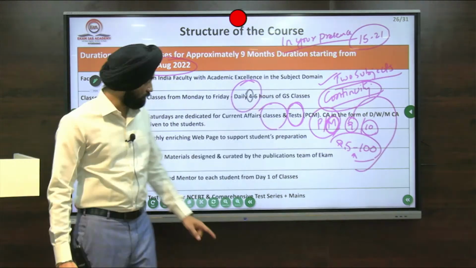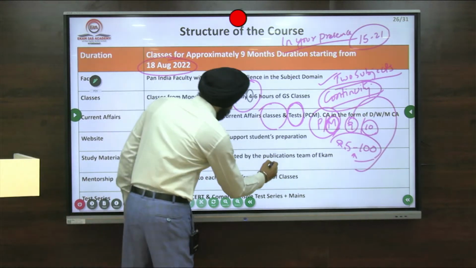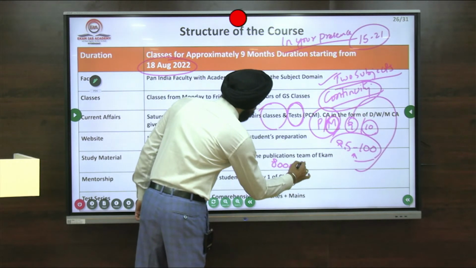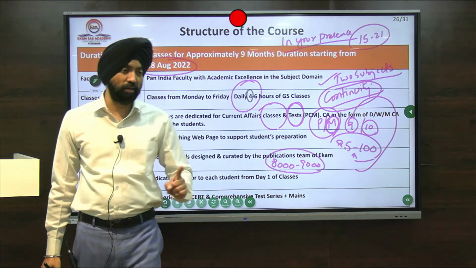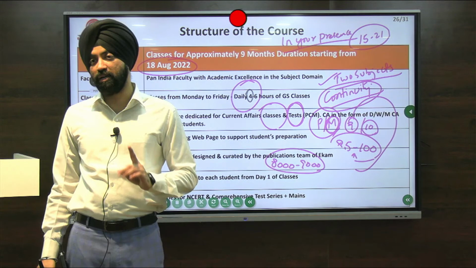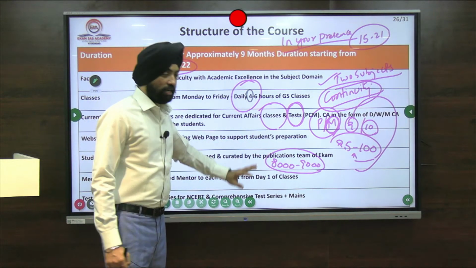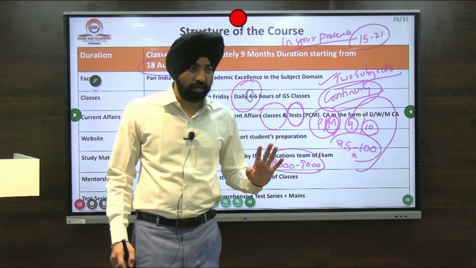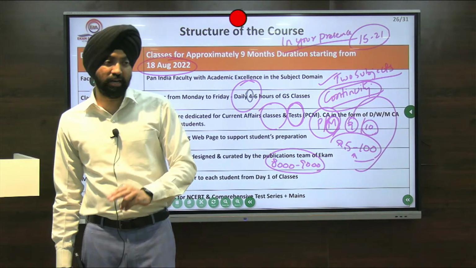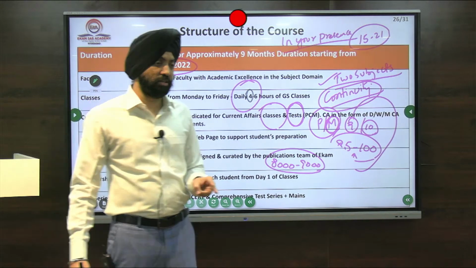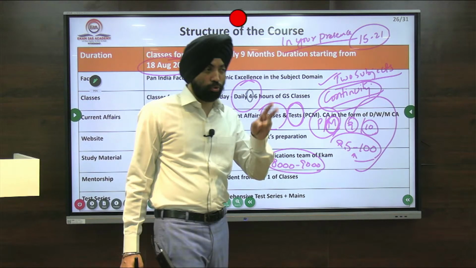And as regards the study material, approximately 8,000 to 9,000 pages of highly researched study material each and every student will get here. It means you do not have to buy anything from outside if you are reading my study material. In the entire course of UPSC preparation, I may suggest 2 or maximum 3 books to buy.